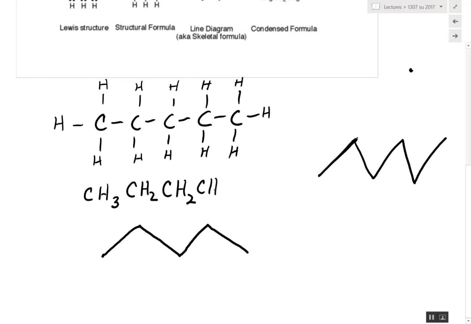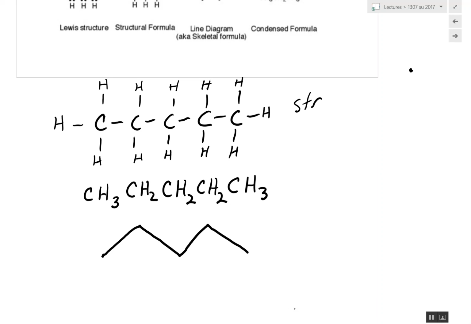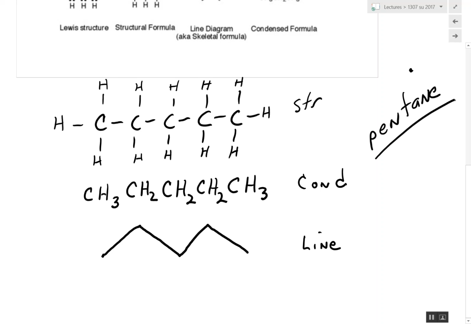The next one is a CH2. 1, 2, 3, 4, 5. And the last one is a CH3. So there's your structural, your condensed, and your line for pentane. All right?